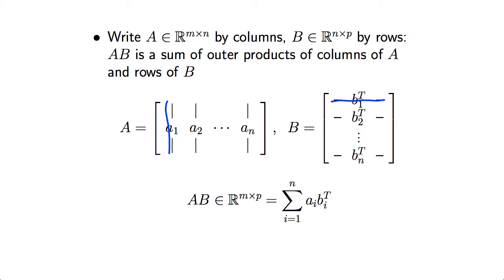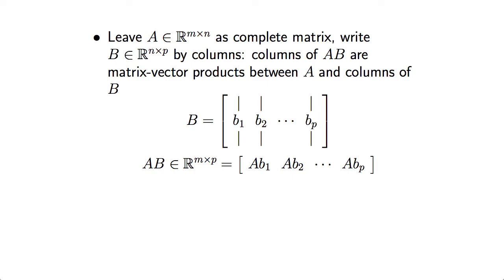So we can view A times B as either a set of many different inner products or a sum of outer products. Finally, let's leave A as a complete matrix and write B by its columns. So we're going to think about the columns of B as different vectors.